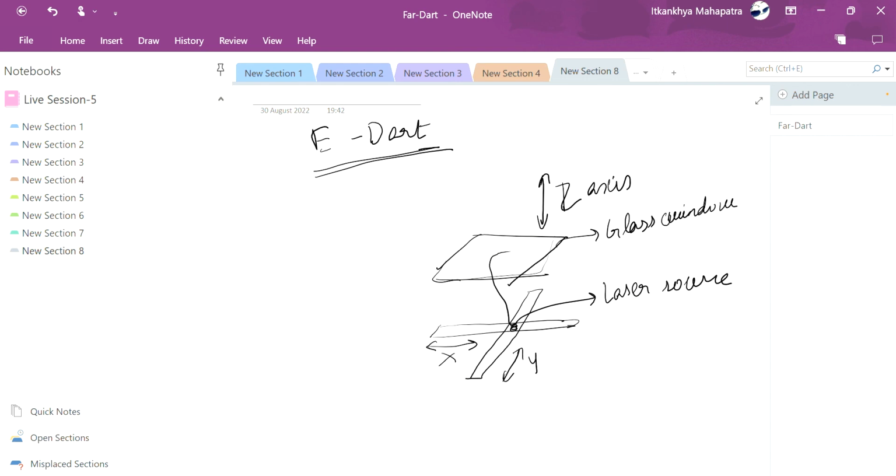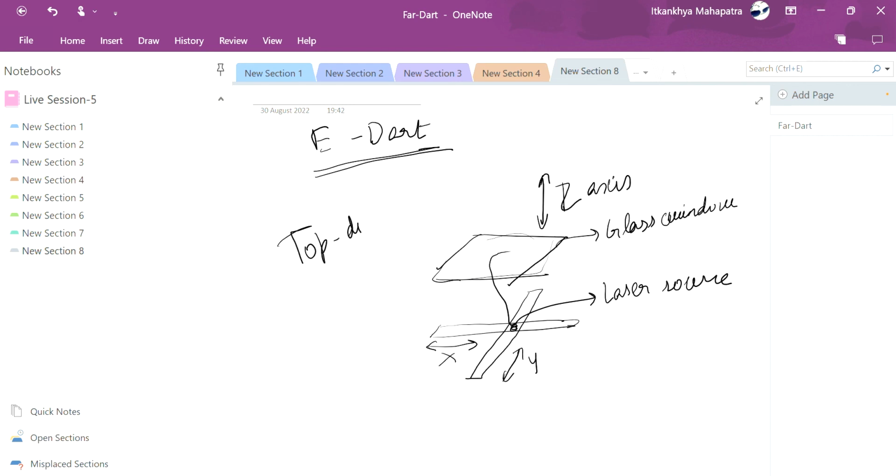Now this platform or modeling base is raised upward. This is the base. It is raised each time a layer is completed. So what is the benefit here?